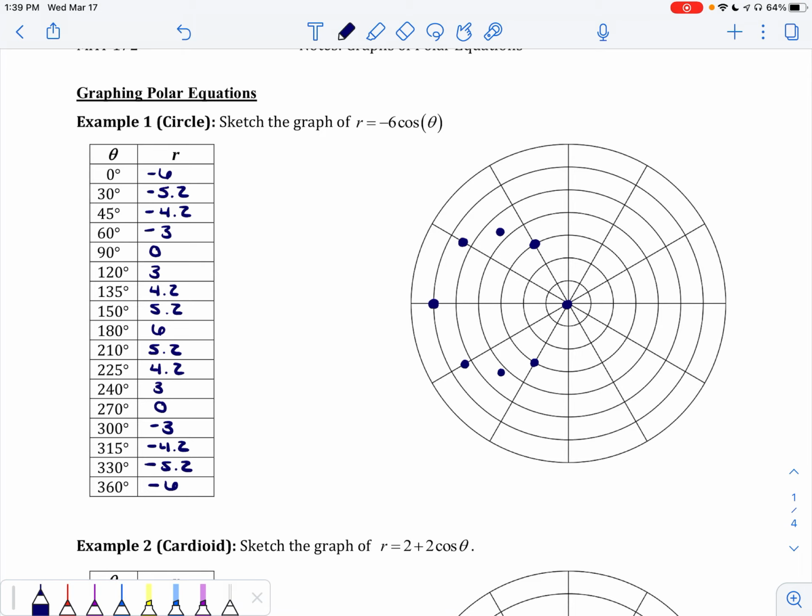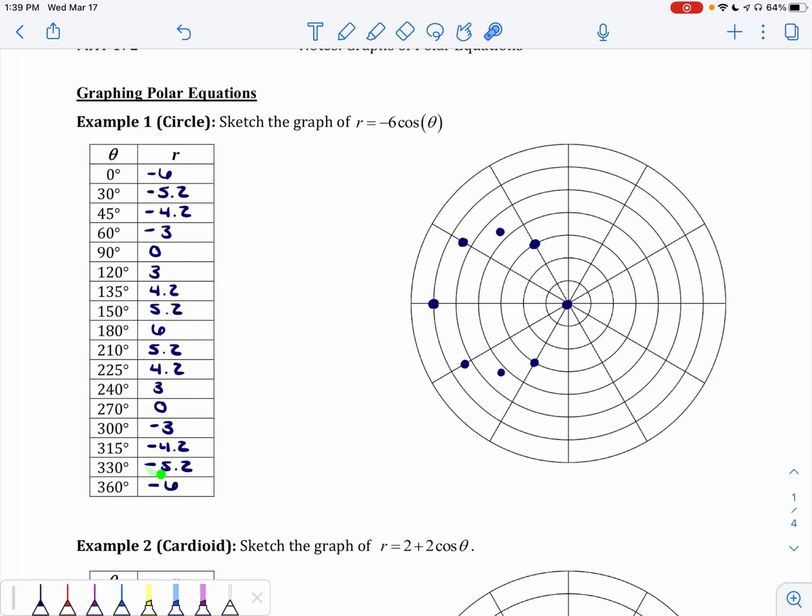Okay. All right, now if we look at the rest of these points, we're going to see that they're repetitive. So we have 180 degrees with a radius of 6. That's the same as this point we've already plotted. 210 degrees with a radius of 5.2. Again, we've already plotted that point. 225 with a radius of 4.2, and you'll see that this continues.